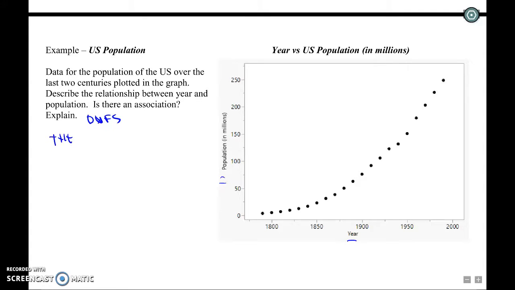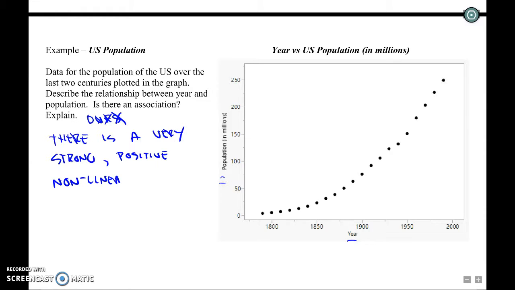There is a very strong, that's my strength, positive, nonlinear, there's my form. Oh, I'm sorry, did I screw this up? Positive was the direction, and then nonlinear was the form. I'm sorry about that.